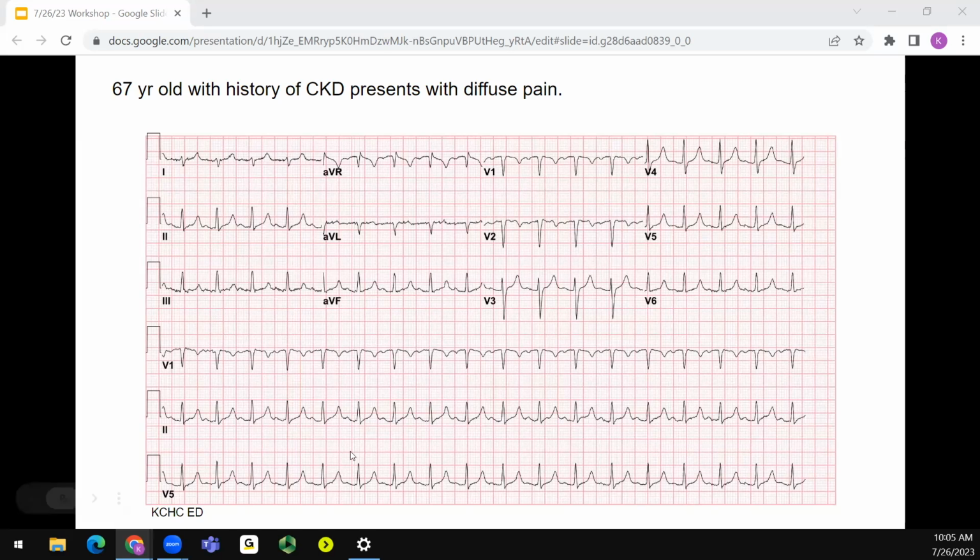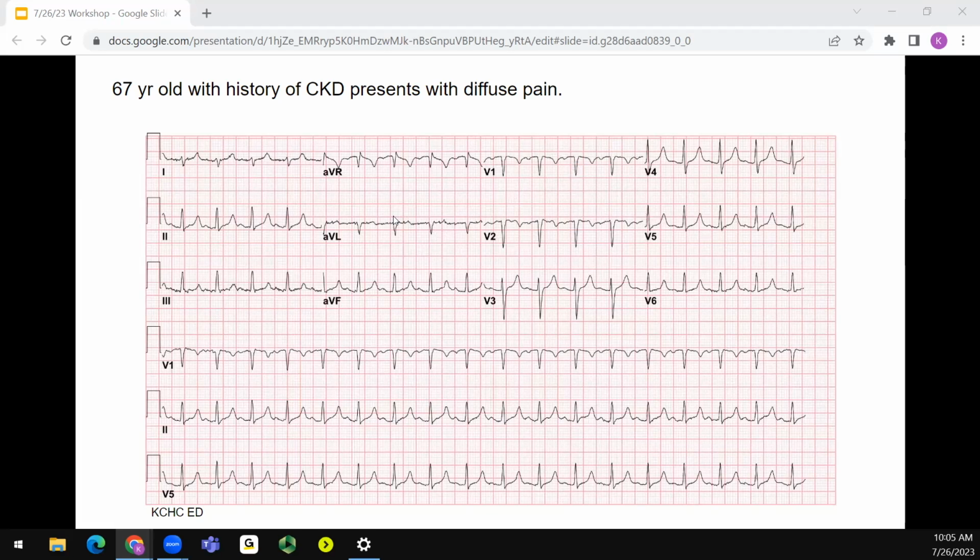Yeah. So you can actually see P waves in V1. What else is going on? This is right axis. Okay. So kind of down in I and up in aVF.